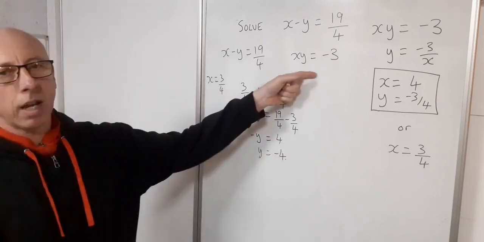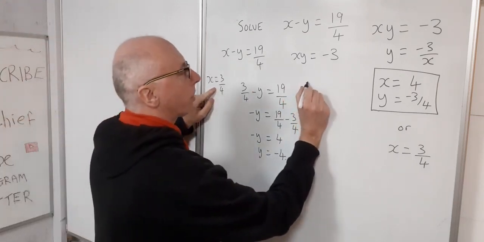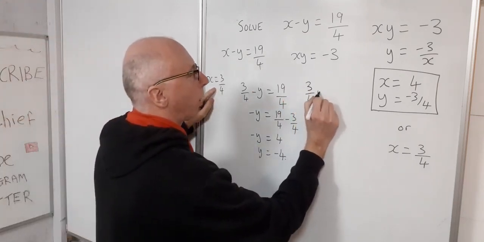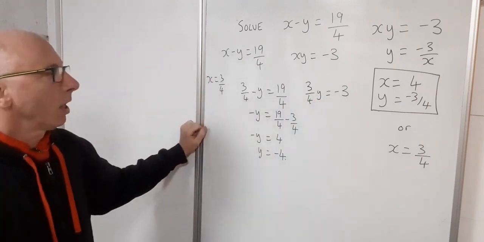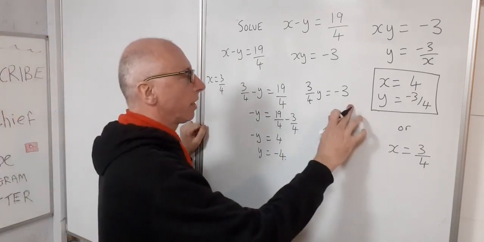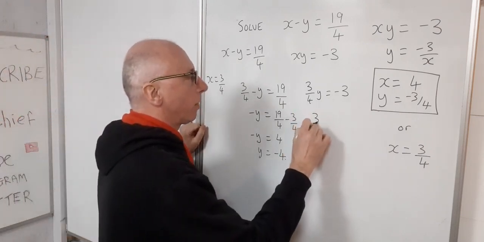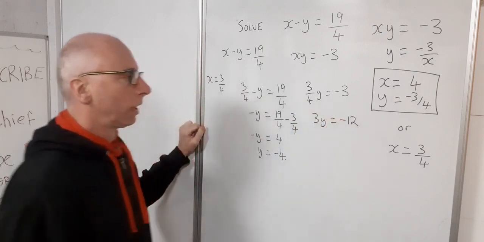And let's just see if we get matching on this side. So I've got 3/4 y equals minus 3. Okay, let's multiply both sides by 4 to get this denominator cleared. So now I've got 3y equals minus 12.